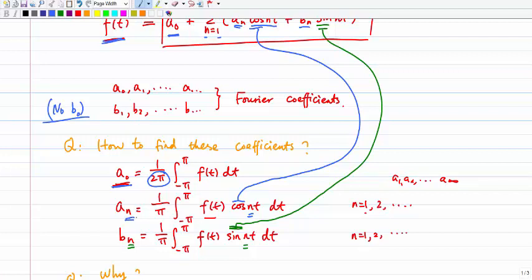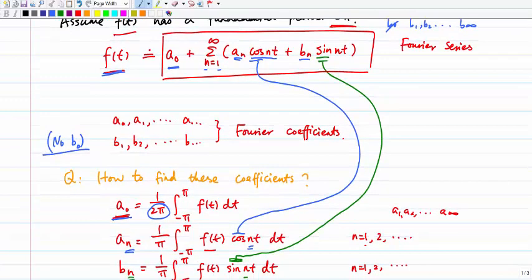For an, for n from 1 to infinity, you multiply by cosine nt. It's relatively easy to remember because in the Fourier series it is an times cosine nt, so when you compute an, you also do f(t) times cosine nt. And for bn, it is sine nt.